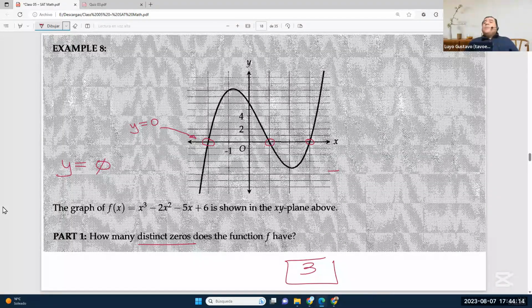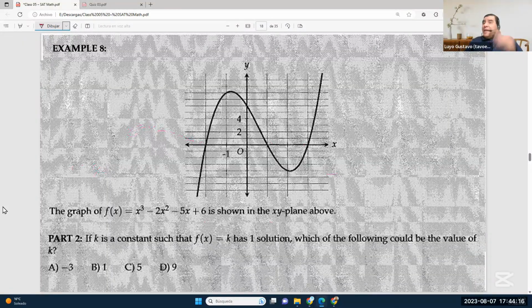There is a second part to this question. The same graph; the question says, if k is a constant such that f of x equals k has one solution, which of the following could be the value of k? How do we interpret this question? Remember what I told you?